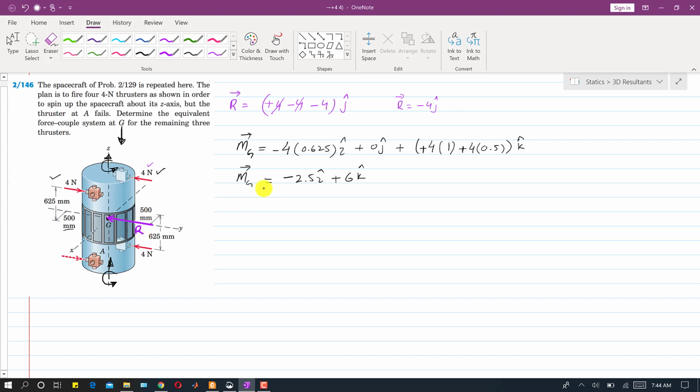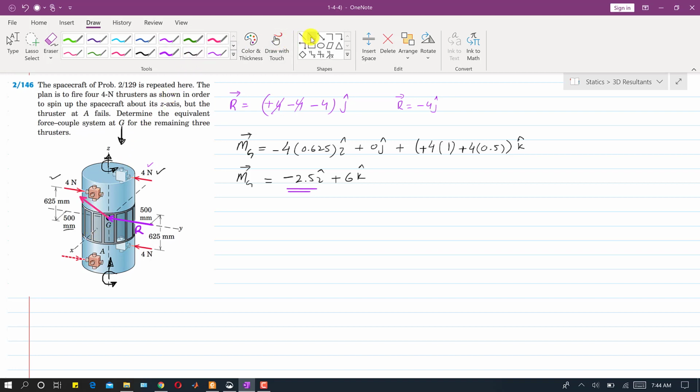And if we want to represent this moment, one component of this moment is in the negative i direction and another component is in the positive z direction. If I represent that, the moment will be in this direction. Its one component is in the negative x direction, so let me draw the components as well.